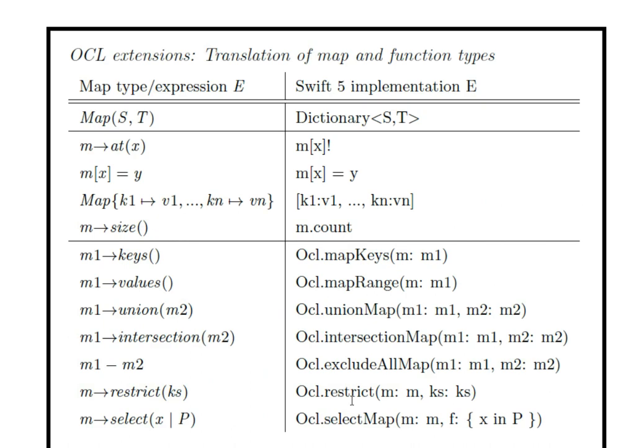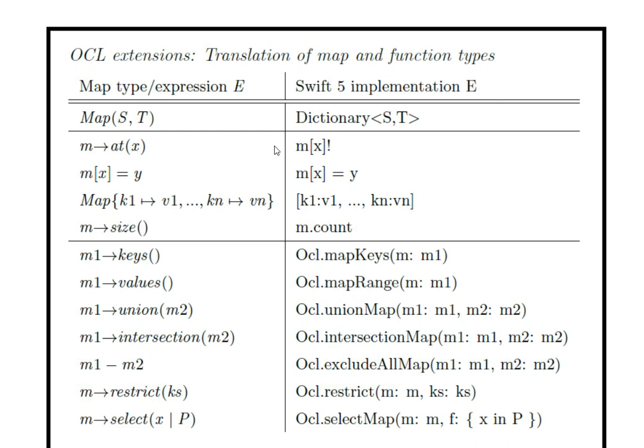Now, for extensions like maps and function types, there are direct correspondences because Swift has a map type called dictionary, and the operators like map, finding the element of a map, does have an equivalent in Swift, but we need to do something a little bit extra here, because if the element X is not in the domain of the map, the OCL specification naturally would say that you get an invalid value. Applying a map to an element not in the domain should give you the invalid value.